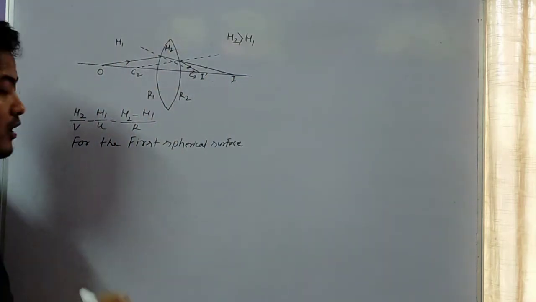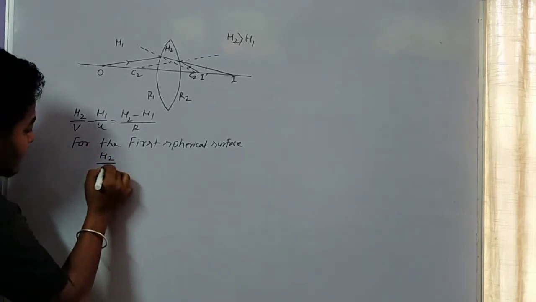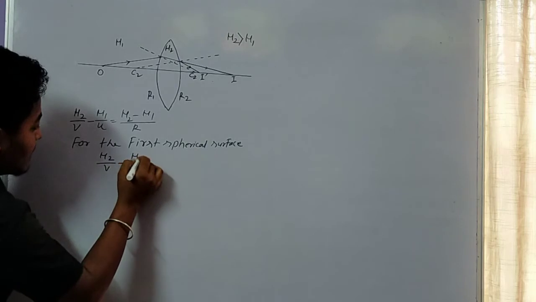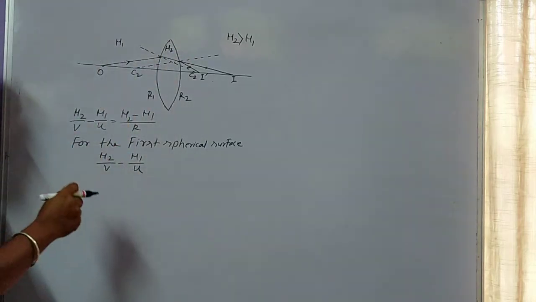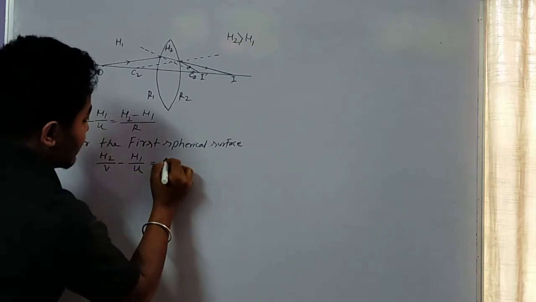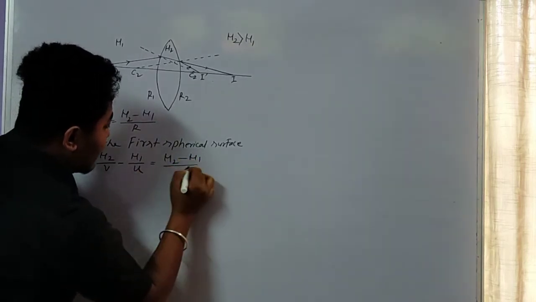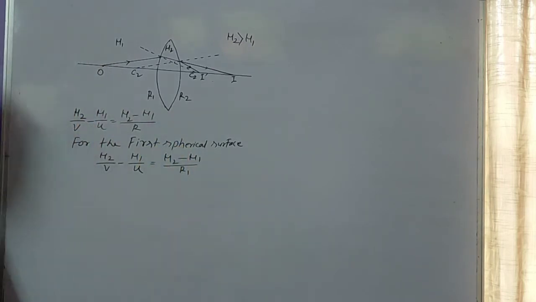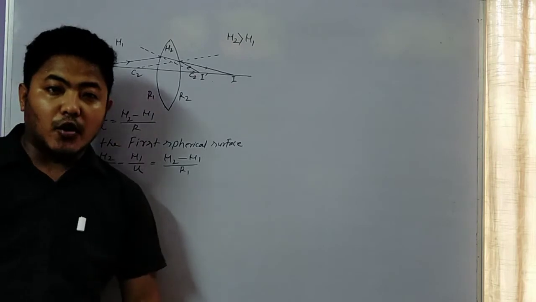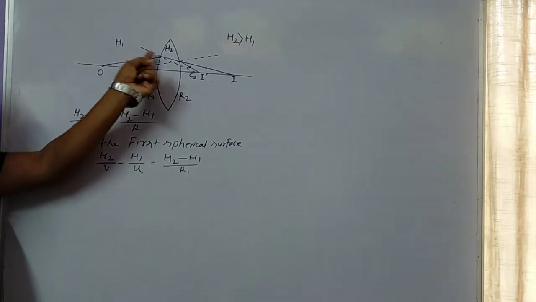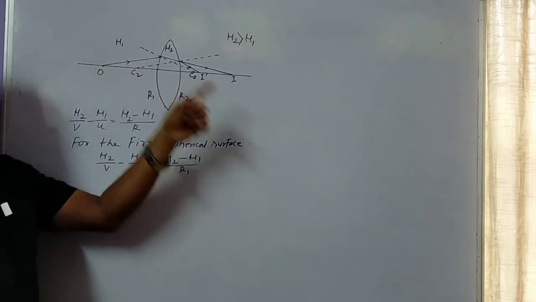That means the formula will be stated as mu2 by v minus mu1 by u, because light is entering from mu1 to mu2, is equal to mu2 minus mu1 by the radius of curvature R1 for the first spherical surface. Have you got it? So this is mu2 minus mu1. Why? Because light has entered from mu1 to mu2.